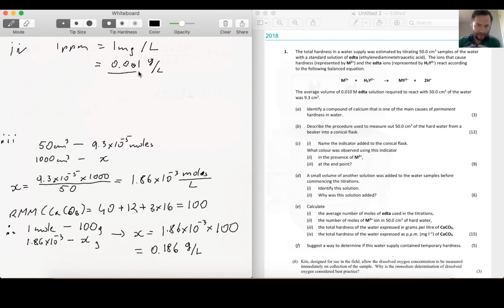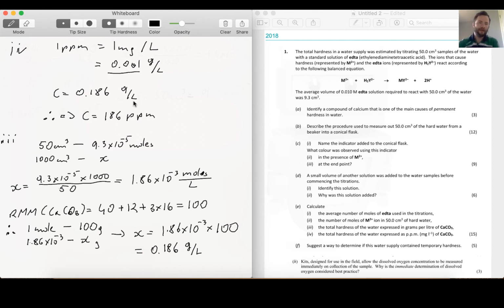The fact that 1 part per million is equal to a thousandth of a gram per liter makes it very easy for me to find the concentration in parts per million, if I have the concentration in grams per liter. So I know that my concentration C is equal to 0.186 grams per liter. So from here, it tells me that the concentration is equal to 186 parts per million of calcium carbonate in this solution.